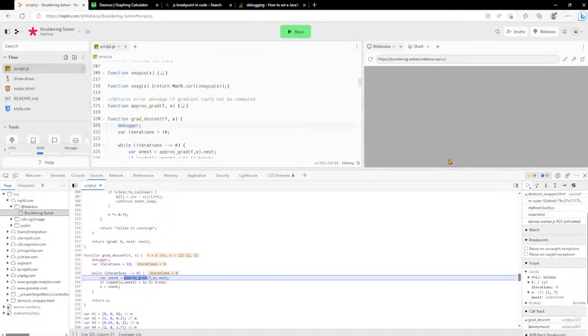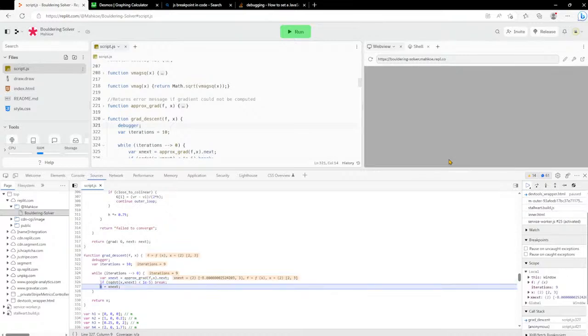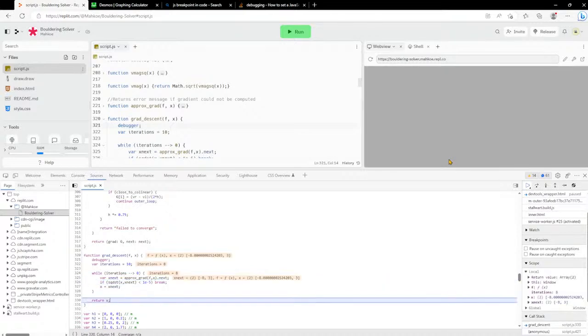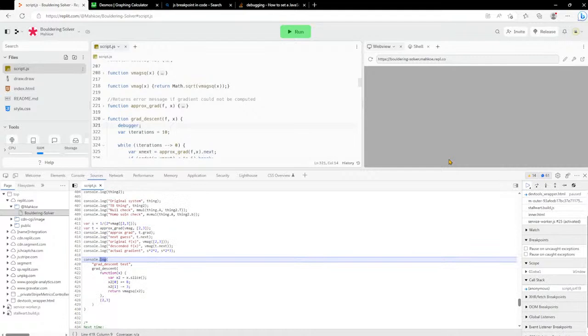Okay. X next is equal to, oh my god. It immediately zeroed in on the minimum.